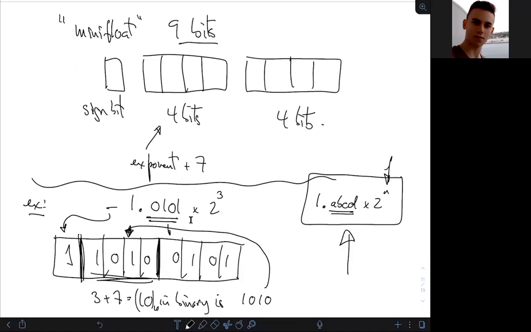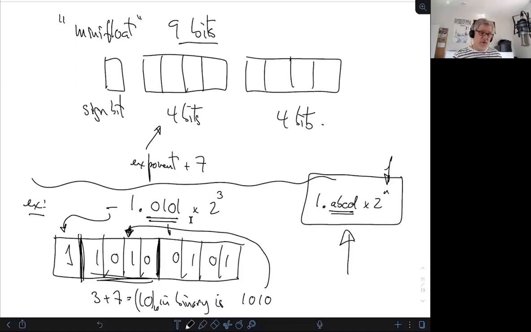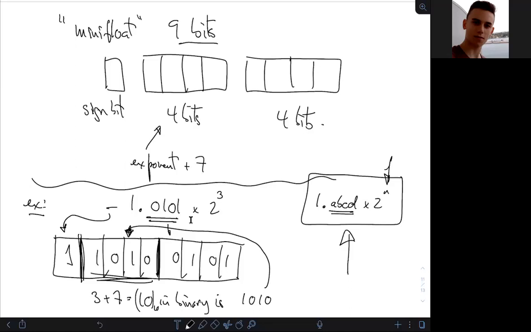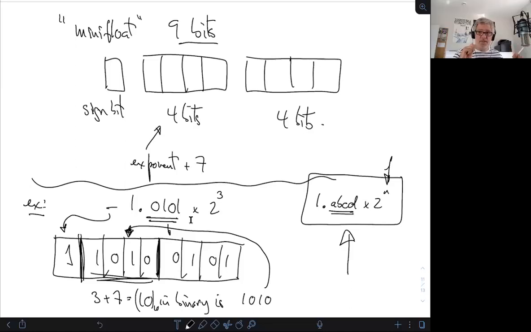Well, I'm going to do one with a negative exponent, okay? But no, you can't get a negative. The only numbers you can write in this form, the exponent has to be between -6 and 7.